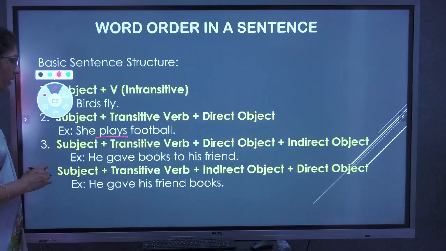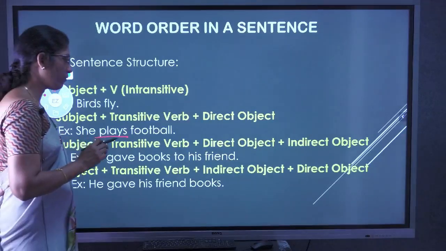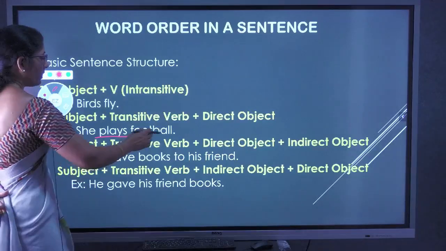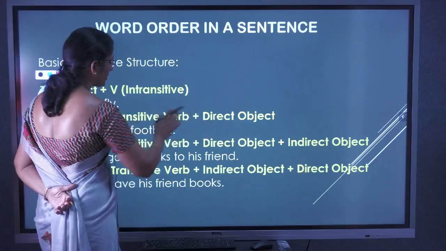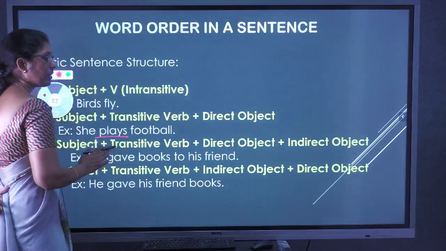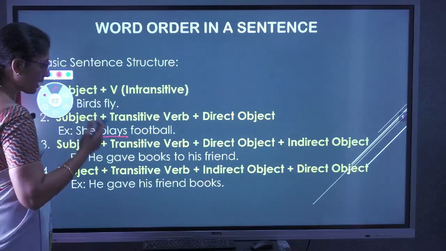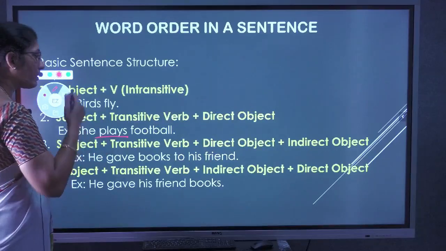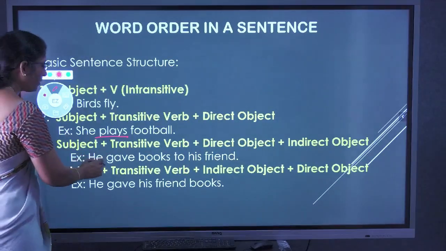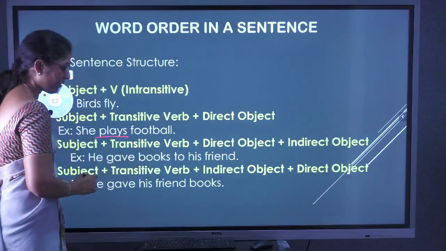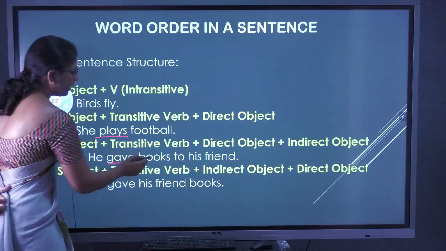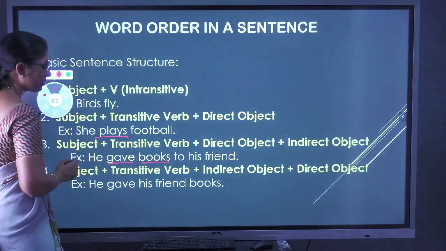Next, subject plus transitive verb, direct object, indirect object. Here we already came to know that direct object means when the action affects somebody else directly. If it is not directly affected, but it has some effect, then we say it is an indirect object. For example, he gave books to his friend. See that gave. What did he give? He gave books.